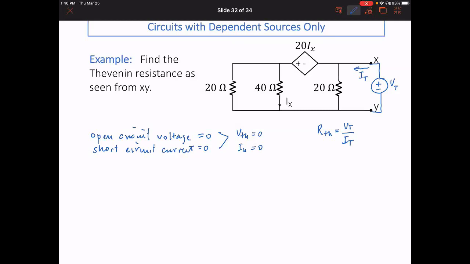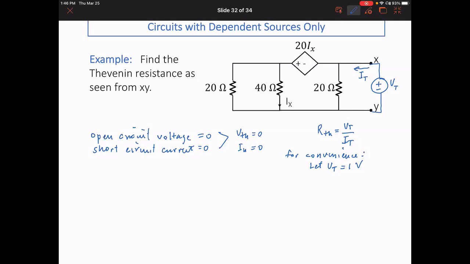Para maging madali buhay natin, so for convenience, let V of t is equal to 1 volt. This is just to simplify life. Remember, this is the test voltage, so I can choose any test voltage I want.